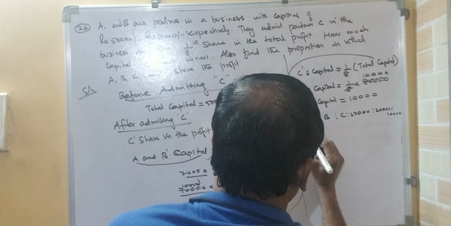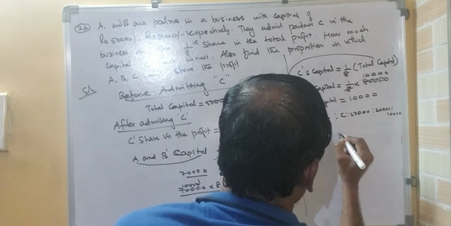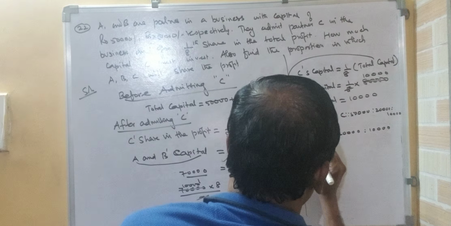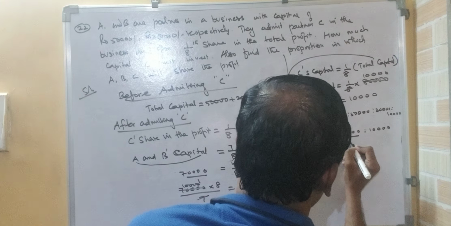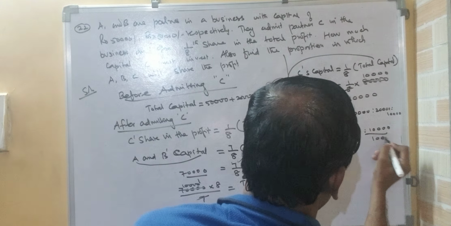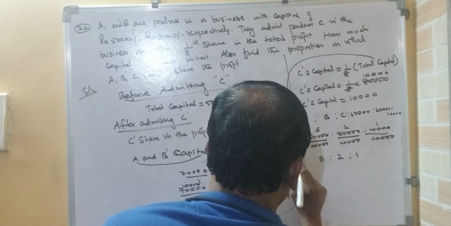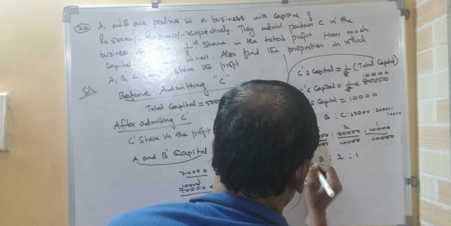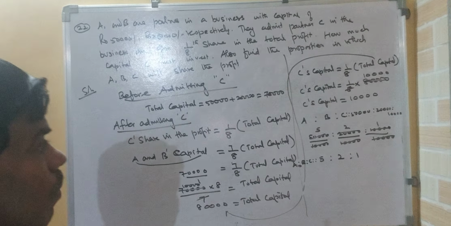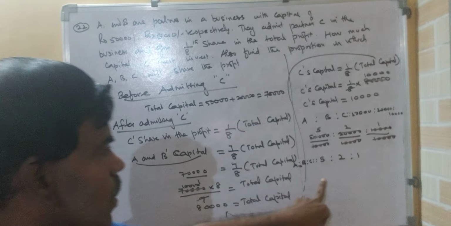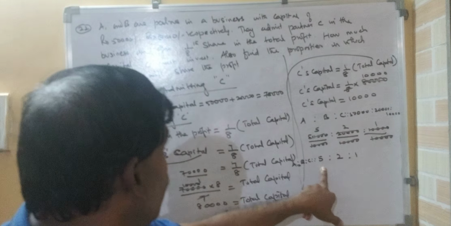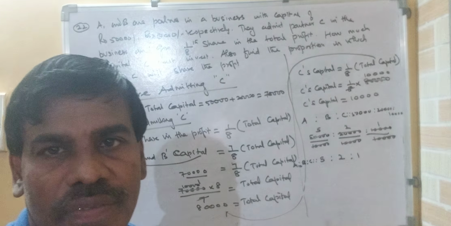So what will be the ratio? They will share the profit in the ratio of 5:2:1. Followed?